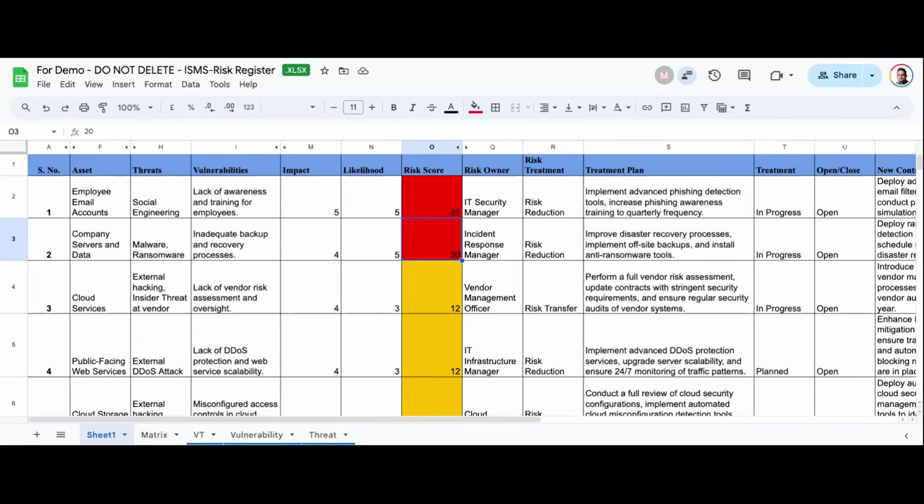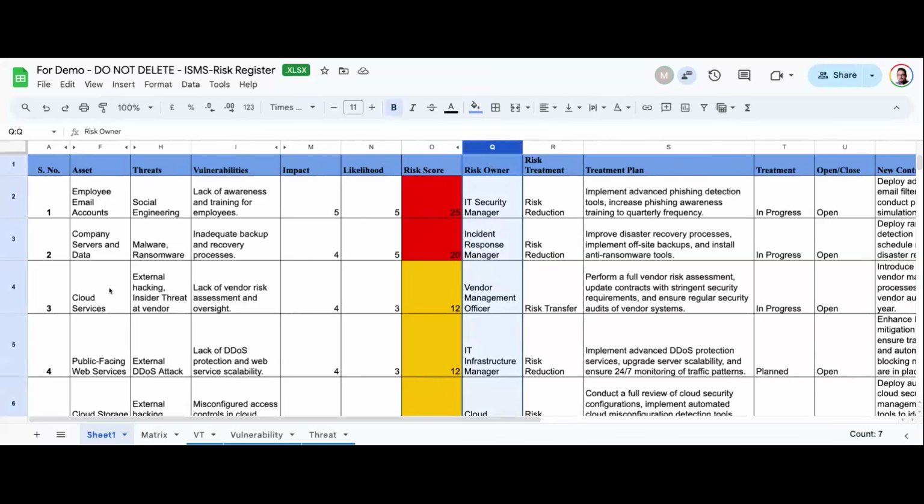The risk owner here could be the IT security manager, or also the IT head, depending upon the area of concern. You can make the risk owner responsible. But are we good till this part? That is my main question. Are you all good till this part? Can you explain that part again, please?